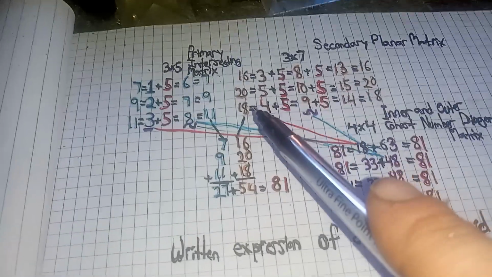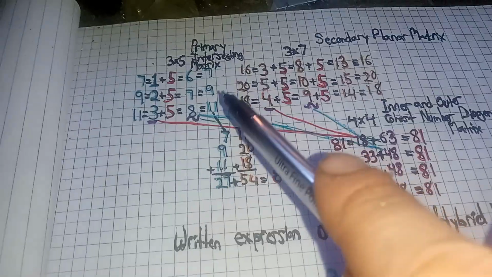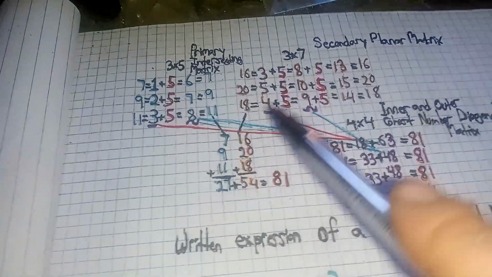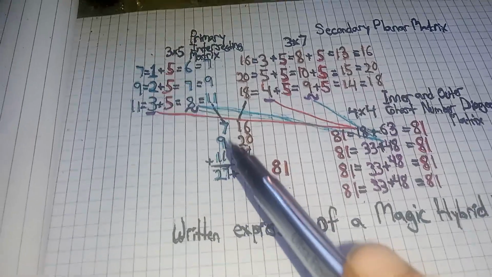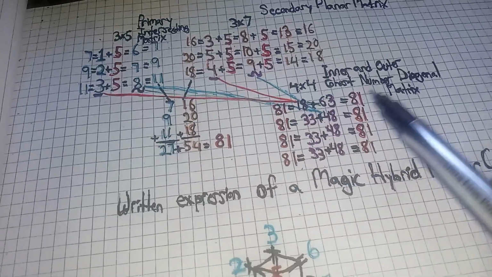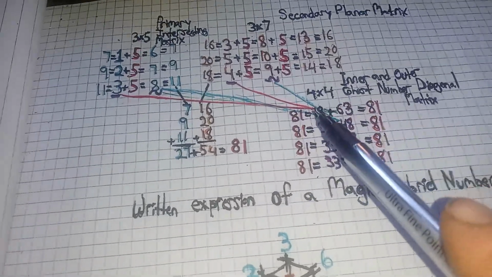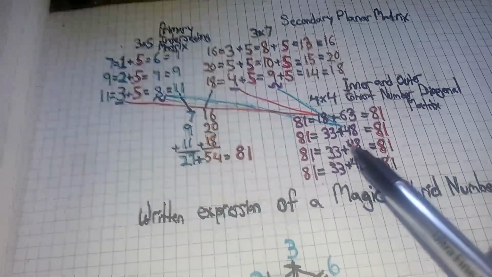And then you bring these outer commutative property numbers down from the primary and the secondary number matrices. You add them, you get 81 for the outer ghost number of this particular cube, and then you put 81 on both sides.